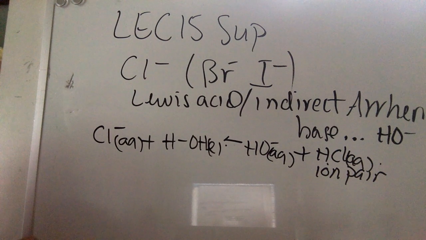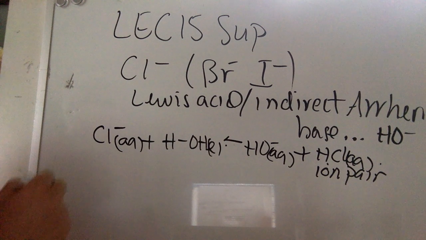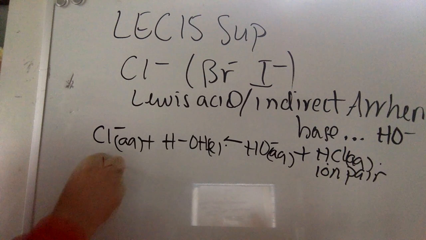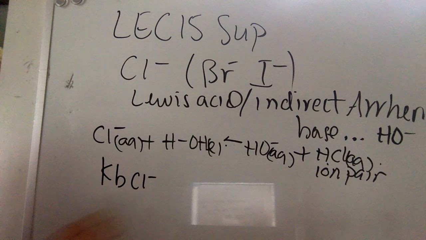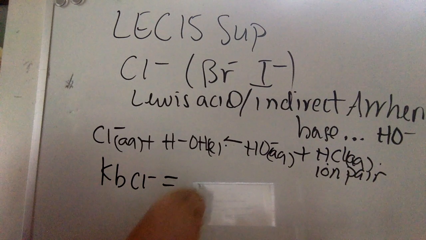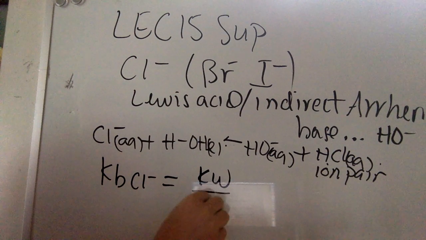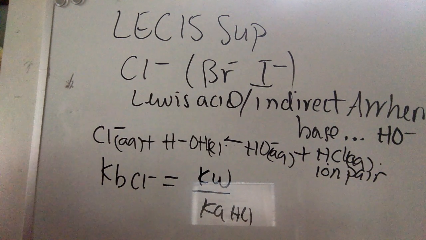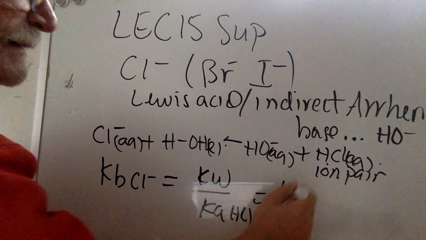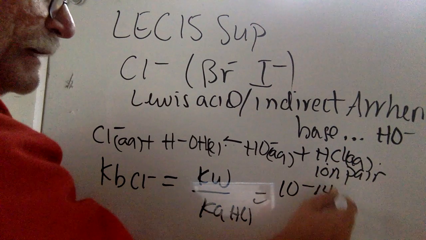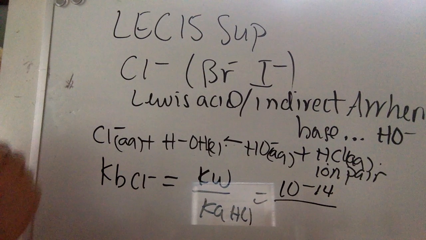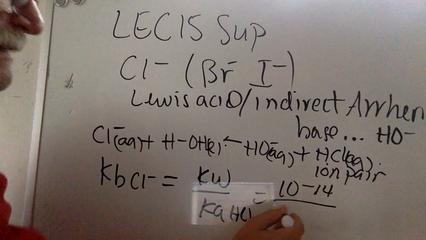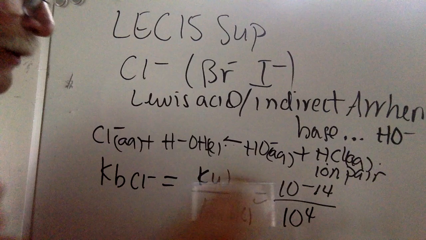So continuing with our modeling, as we've done before with the sodium ion as a spectator ion, we could look at chloride ion being a base, which is related to the Kw divided by the Ka for HCl, its conjugate in this case, where Kw is 10 to the minus 14 for water at 298 K. And based on our leveling discussion we've had before, we suggested that the Ka for HCl is 10 to the 4th.